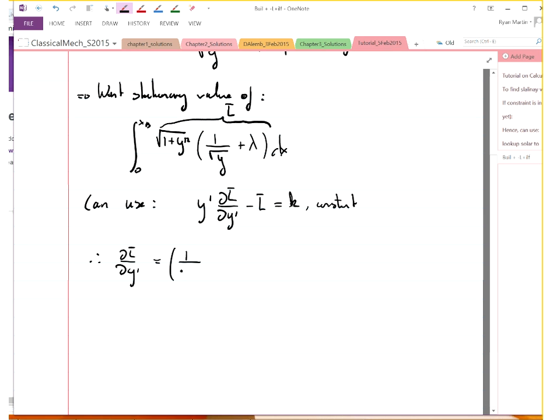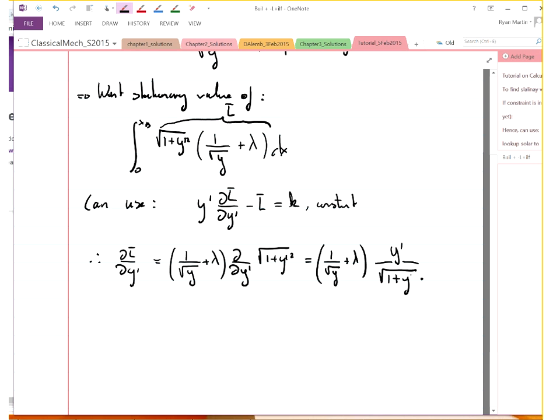So if I do ∂L bar/∂y prime, the term in parentheses just stays the same, so that's 1 over square root of y plus lambda. And then I have again my derivative ∂/∂y prime of the square root of 1 plus y prime squared, which is the same as we had before, and so that gave us y prime over square root of 1 plus y prime squared.